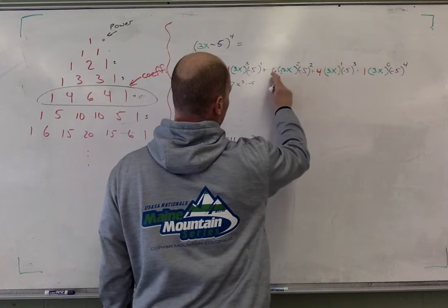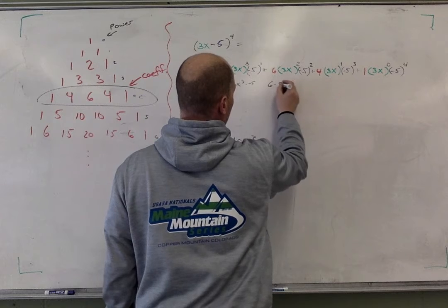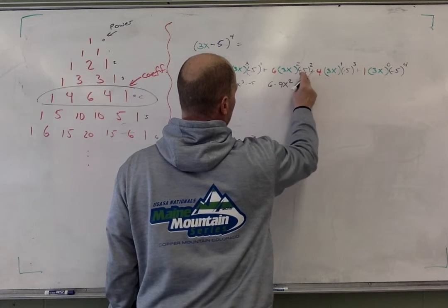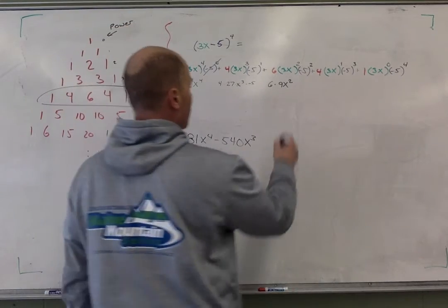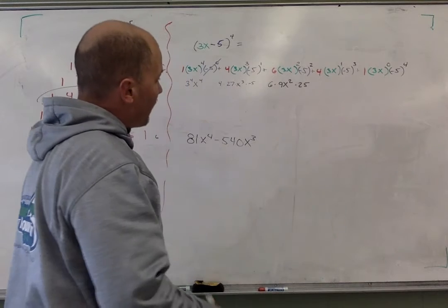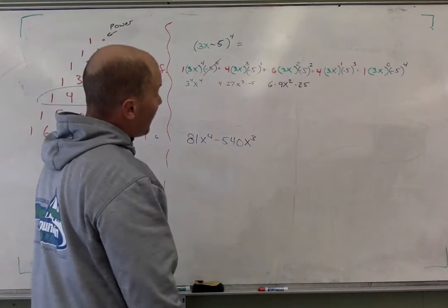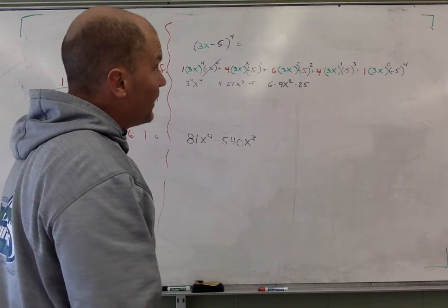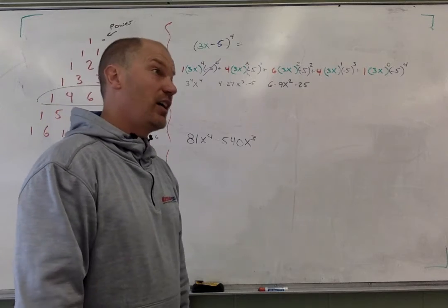So this is 6 times 3x quantity squared, which is 9x squared. Negative 5 squared: negative times a negative is a positive. 5 times 5 is 25. So we're going to end up with this, 25. I know that 6 times 25 is 150. So 9 times 150 is going to be 900.